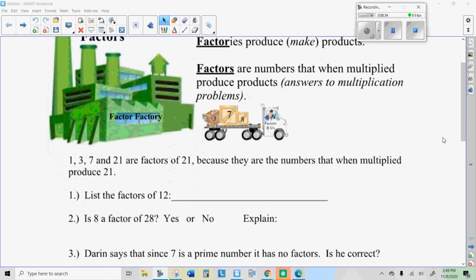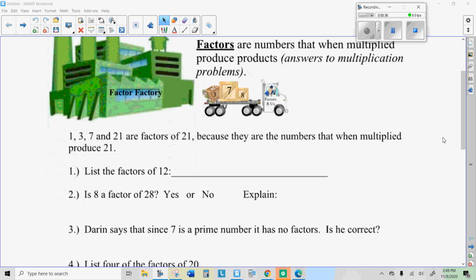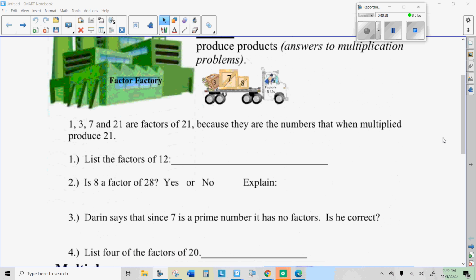Okay. First problem says that 1, 3, 7, and 21 are factors of 21 because they are numbers that when multiplied produce 21. Or I like to say 21 is divisible by those numbers. Now when we say divisible, we mean whole number divisible.